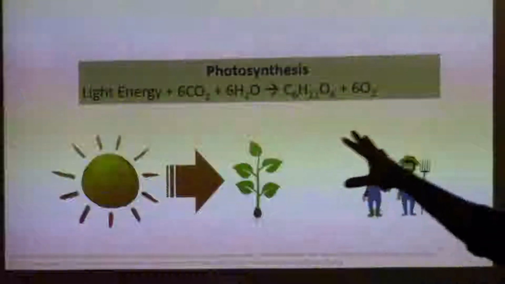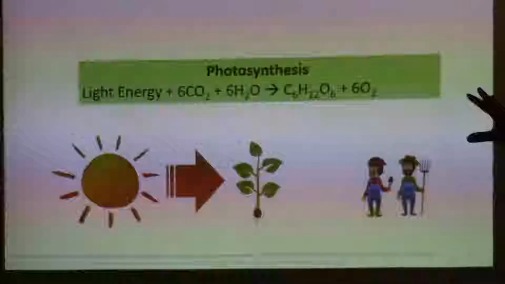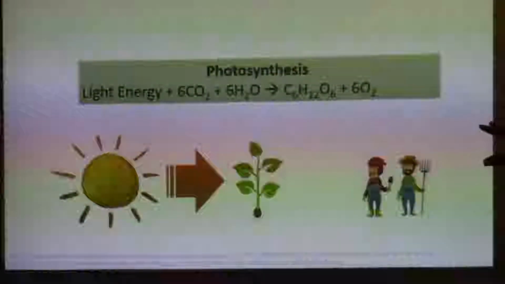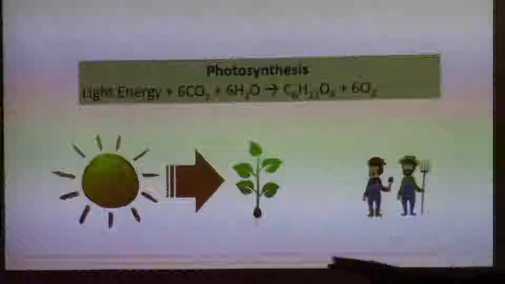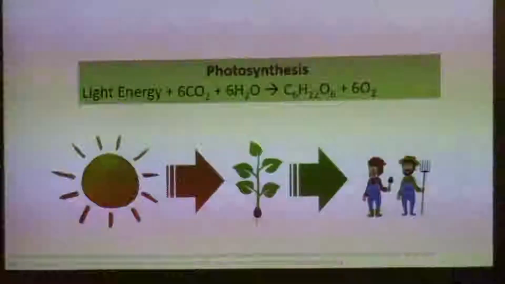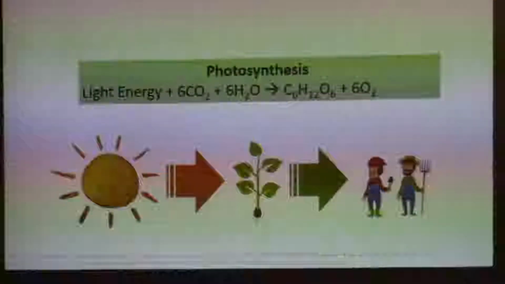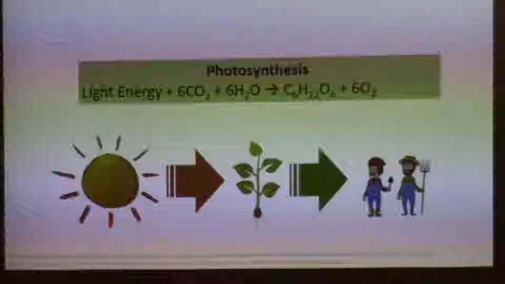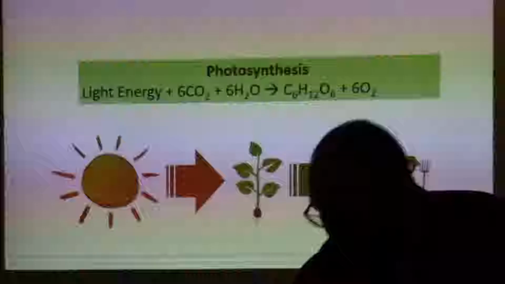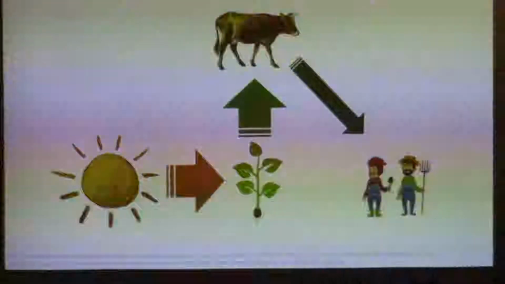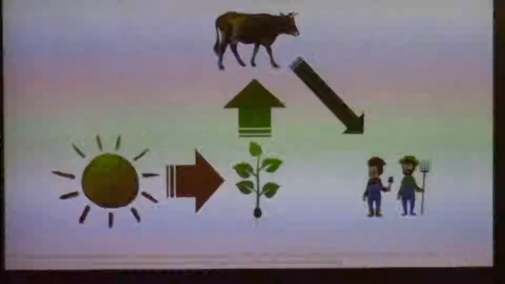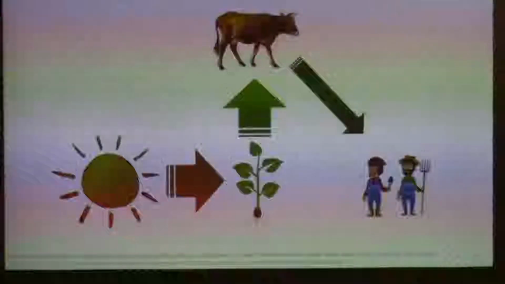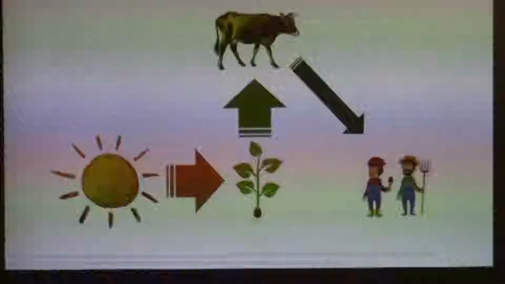So that's really the crux of agriculture, right? We are trying to do this using plants. And then we eat the plants, right? So we harvest the sun's energy in the plants, and then we get that energy when we eat those plants, or by eating the animals that eat the plants, or the animal products, right?